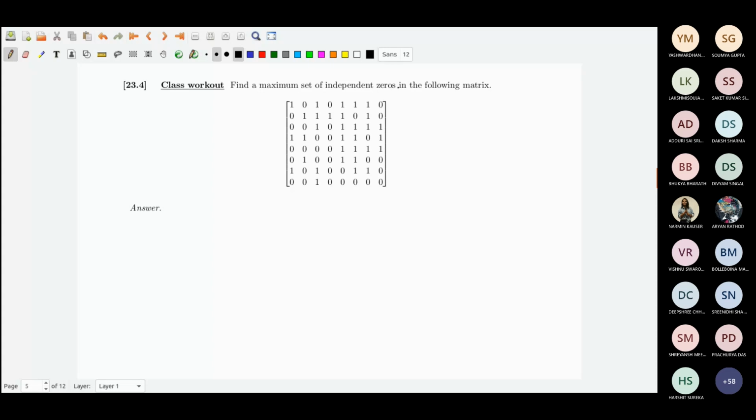So the initial step is not a big deal actually. You can read from here, this one, then this one, and then this one, then you read the next one. So you have C1, C2, C3, C4, C5, C7, C8.